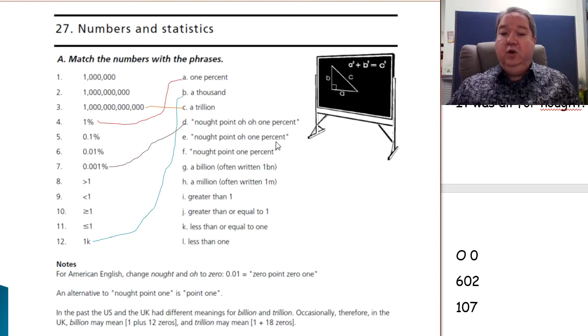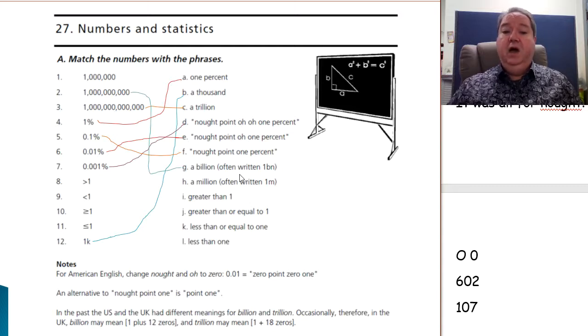Not 0.01%. Not 0.1%, 0.1%. Now here you can say 0.1%, you can also say a tenth of a percent. Okay? So any of those are correct, are acceptable.